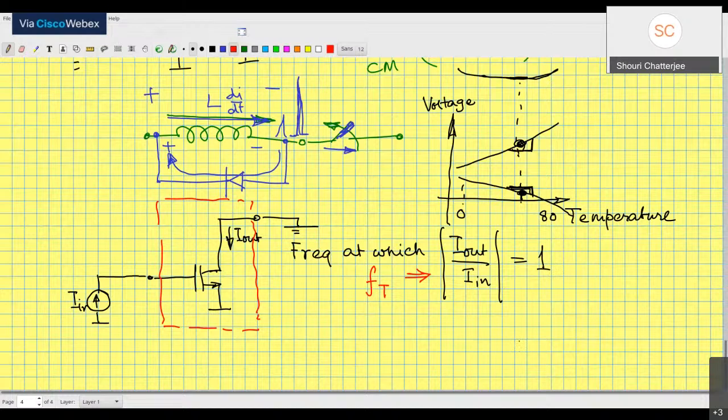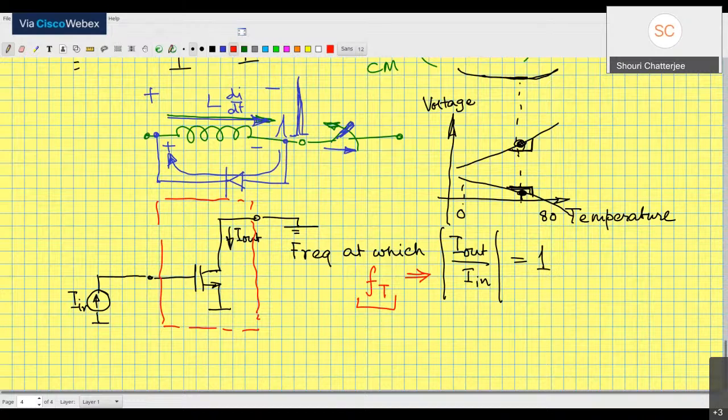It doesn't matter how you look at it, eventually you're just amplifying power. Now what does power amplification mean? Power amplification means you're taking in extra power from the supply and delivering it to the load. Now, this circuit will be able to do that only below the frequency FT.